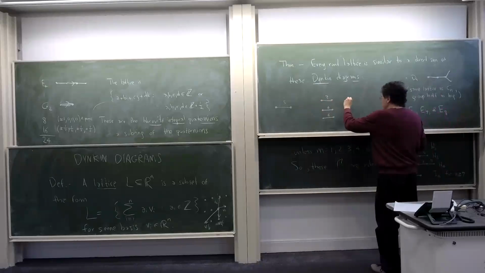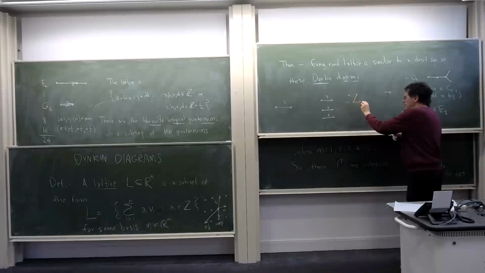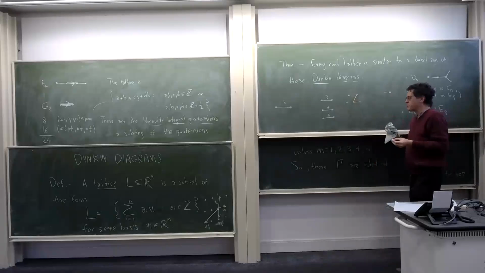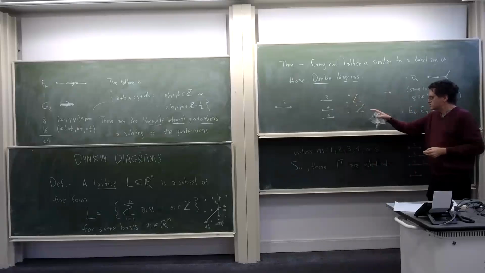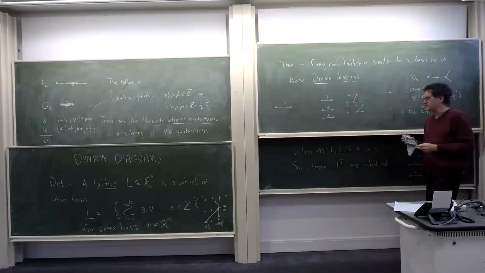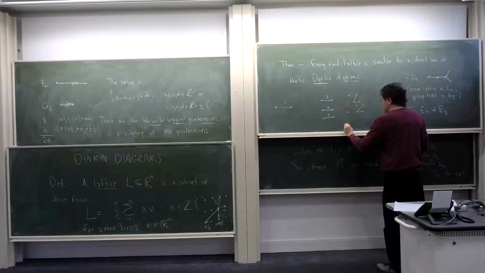For the 3 case, we get this triangular lattice, and I'm picking 2 roots and they're the same length. For the 4 case, I'm picking 2 roots, and one of them is square root of 2 times as long as the other. And for the 6 case, it was something else, which I didn't reveal.